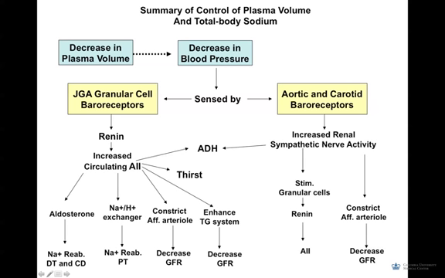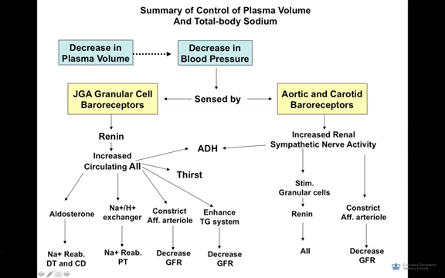They are also sensing the decrease in blood pressure, and they're going to continue to release renin, which is going to continue to lead to a production of angiotensin II. And angiotensin II is going to act in all the ways that we mentioned to recover blood volume and blood pressure. It's going to enhance aldosterone production, which increases sodium reabsorption in the distal tubule and the collecting duct.